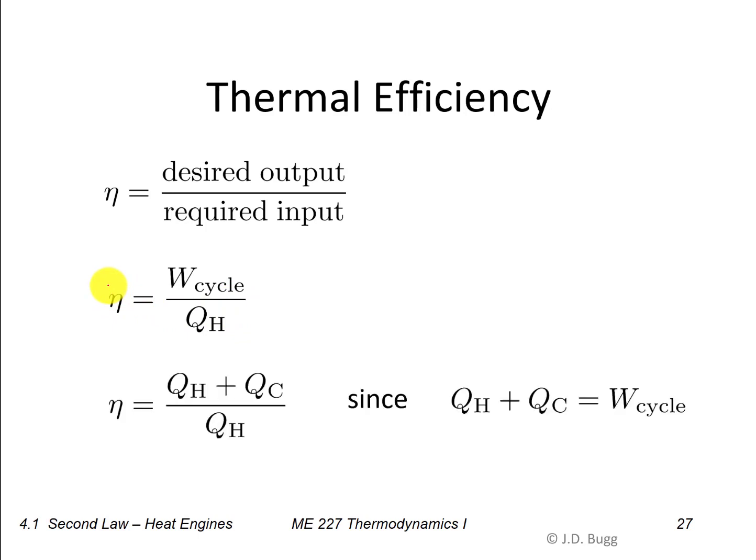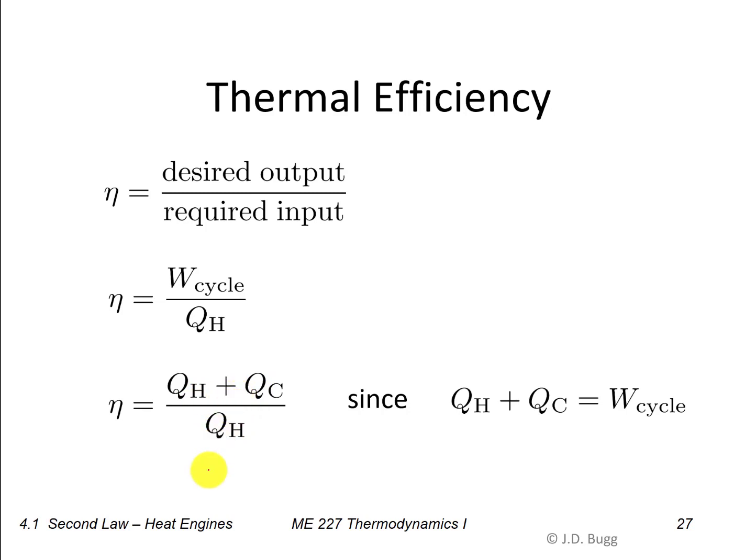Another thing that's useful to remember when we're looking at thermal efficiency is that the net work of any cycle is equal to the net heat transfer. So we could replace the work of the cycle by QH plus QC, and those are always going to be the same for any cycle. So if we want, we can write thermal efficiency purely in terms of the two heat transfers with the reservoirs.